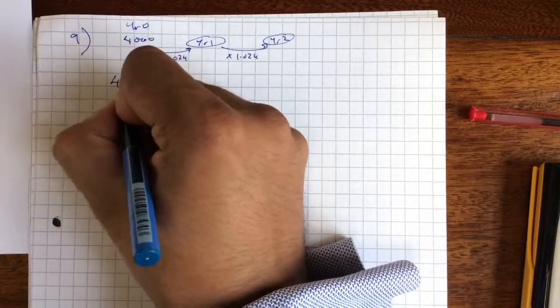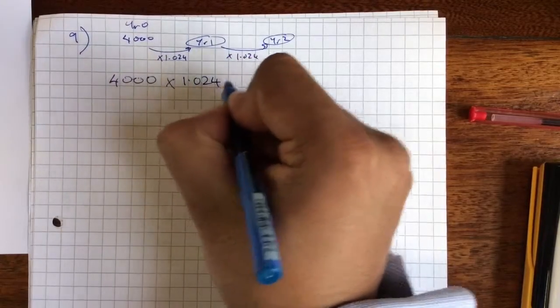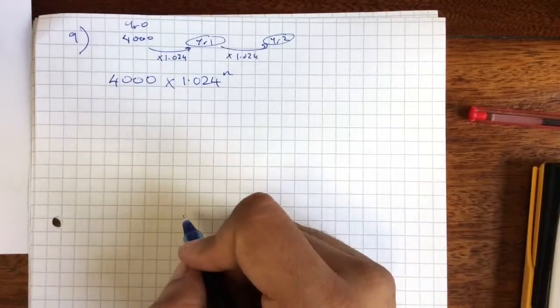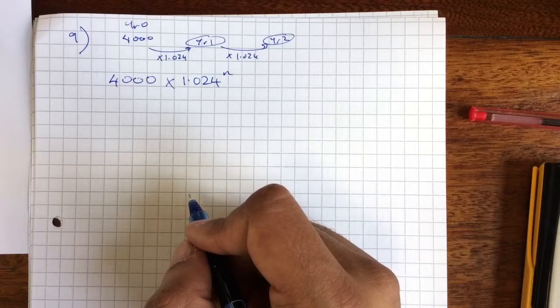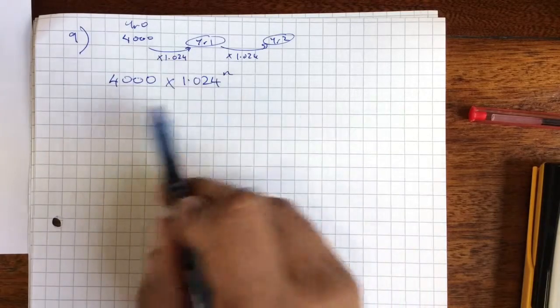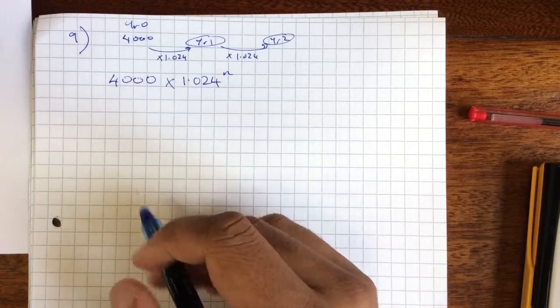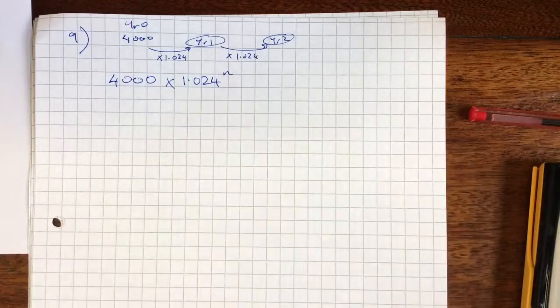So 4,000 times 1.024 to the power of n. Now, in a regular geometric series, you'll have an n minus 1 there. So that's why this is a little trickier. Okay, so that's my expression.